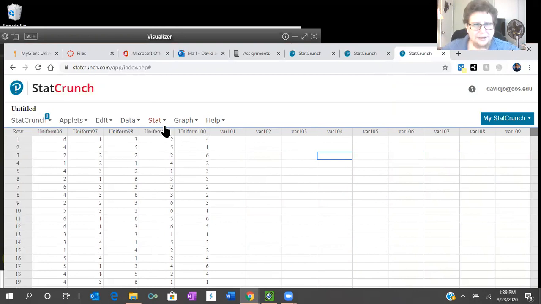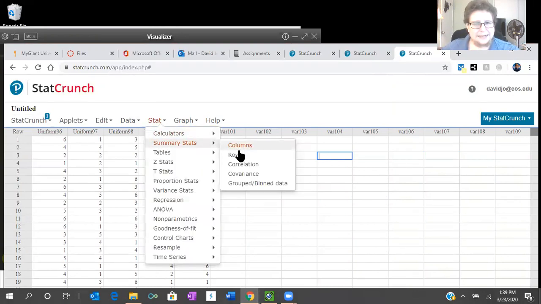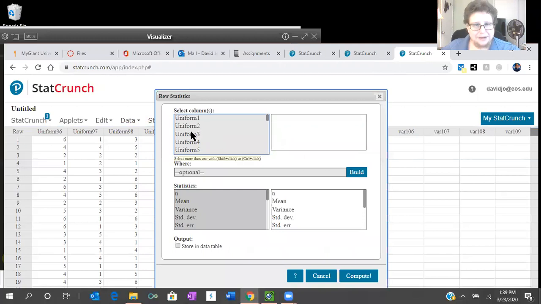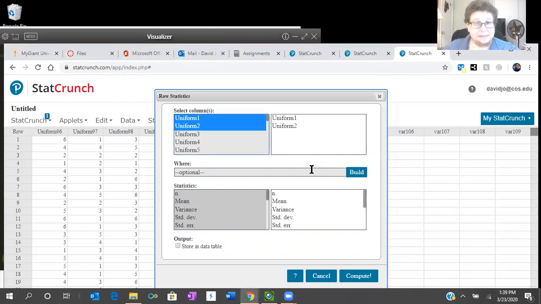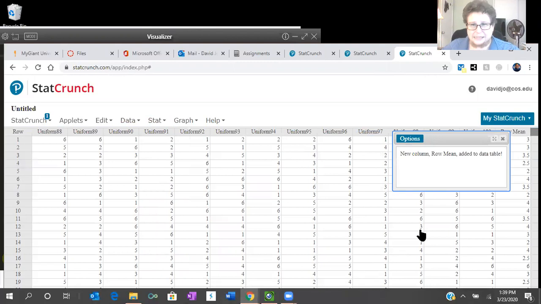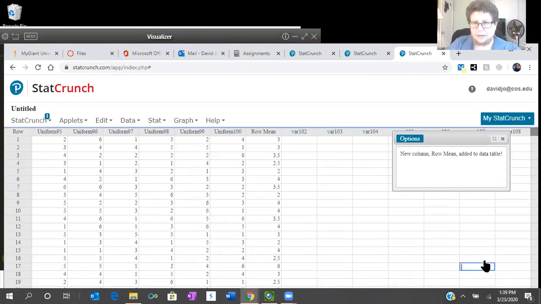What I'm going to do first is stats, summary stats, rows. I'm going to calculate the mean of just the first 2 squares in each row. So this is the mean of the first 2 columns for each row. And I'm going to tell it to store it in the data table. Notice how it pops up over here as row mean.